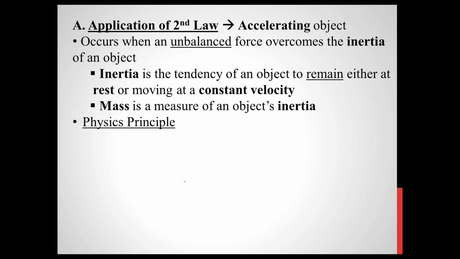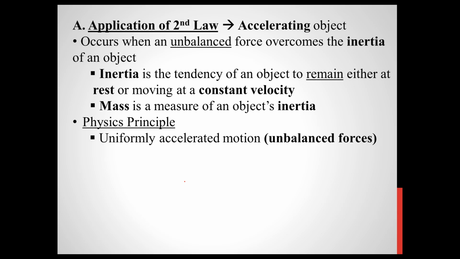Now, if you go to the formula sheet and look at the section on the physics principles, the physics principle that we would apply in dealing with Newton's second law of motion would be uniformly accelerated motion or unbalanced forces. I think they write it a little differently on the updated formula sheet. I think it's physics principle number 1, and I believe they've changed it to accelerated motion.